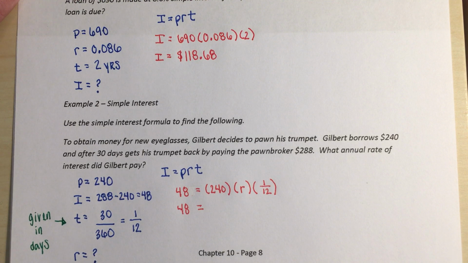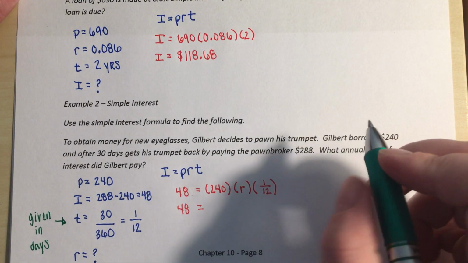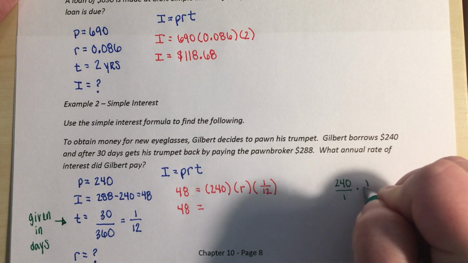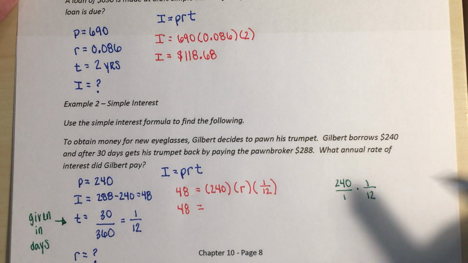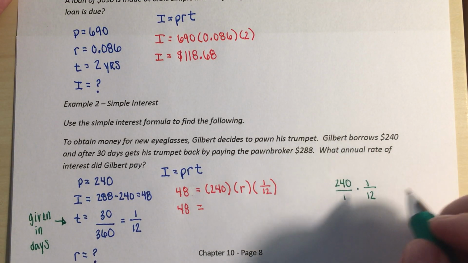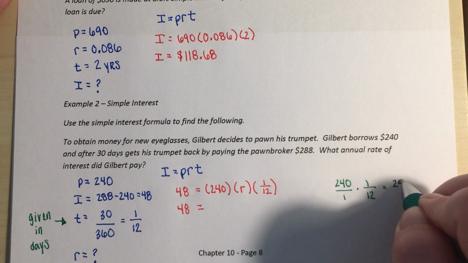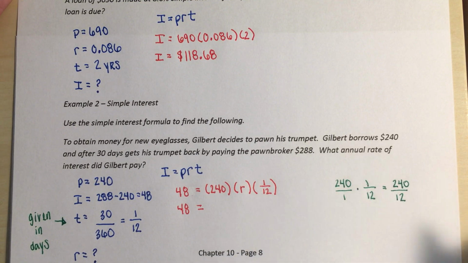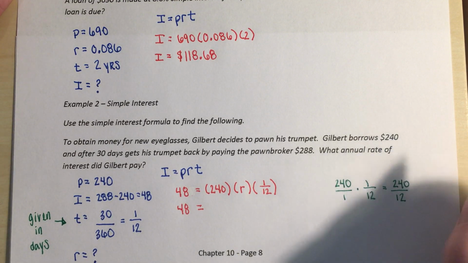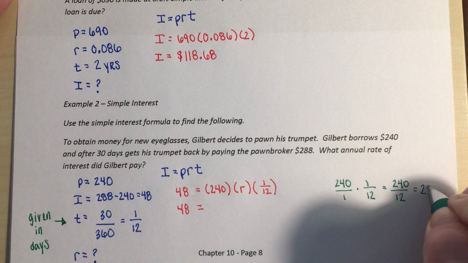We're going to go ahead and multiply our fractions here. I'm going to show these all step by step. Feel free to use a calculator if you want to. If I multiply 240 times 1/12, I have 240, which is really over 1, times 1/12, which gives us 240/12, which we can then divide. 240 divided by 12 gives us 20.